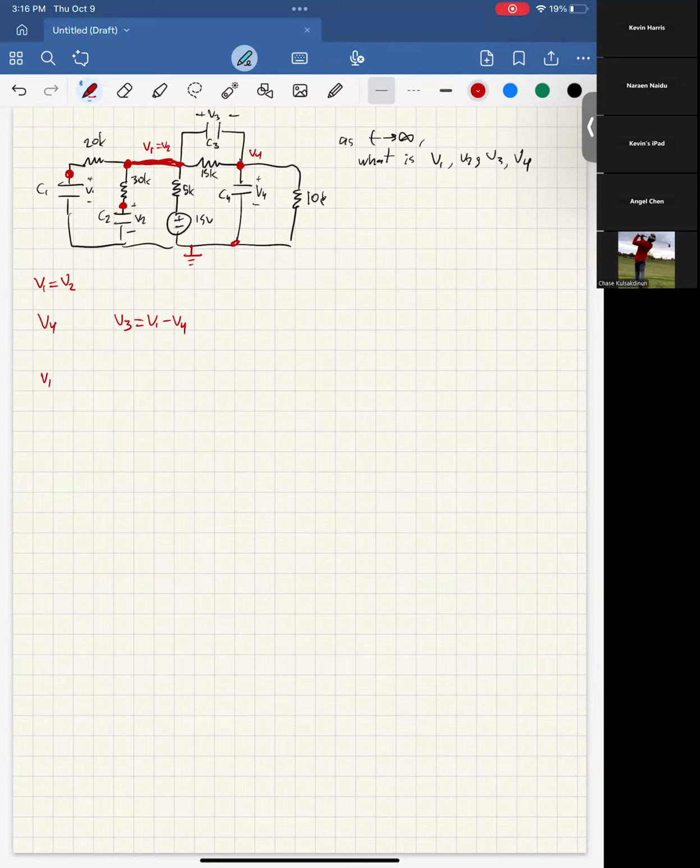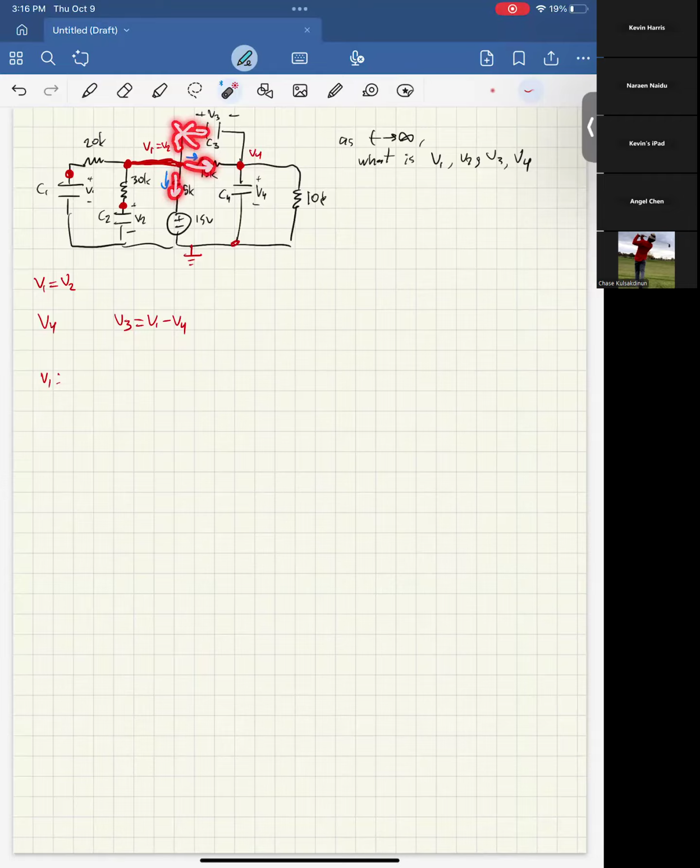So for example, at V1, I'll draw these in blue. We only actually have two things going on. We have the path down and to the right, because remember, there's no current flowing through here, and there's no current flowing through here. So in total, there's no current flowing to the left at all. That means we only have that path and that path to worry about.